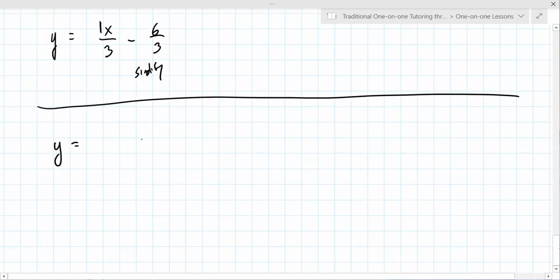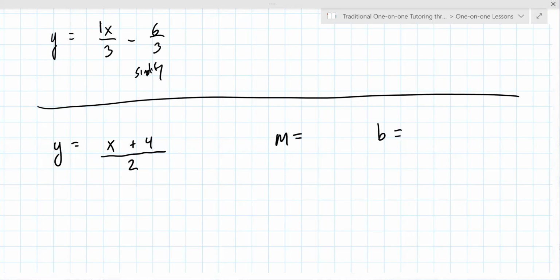Let's try another one here. y equals x plus 4 divided by 2. I want the slope and I want the b value. The slope is 1/2.